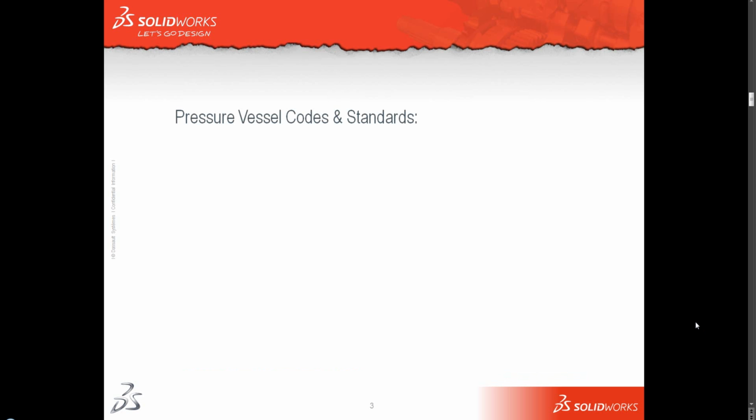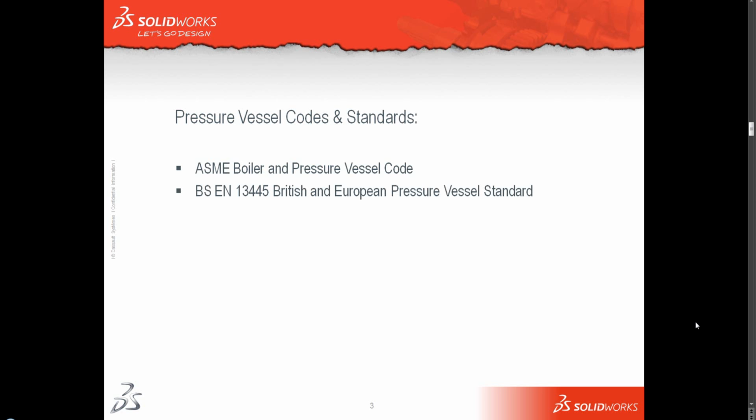For those of you that aren't familiar, pressure vessel codes and standards come in various shapes and sizes. We've got the ASME Boiler and Pressure Vessel Code from the Americans. There is a British and European pressure vessel standard. So clearly you can see we have variation with respect to geographic location, but we also have variation based upon application.